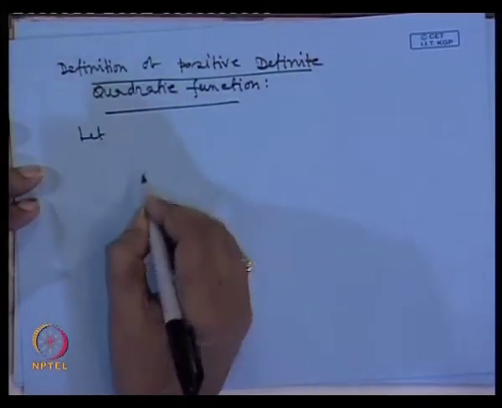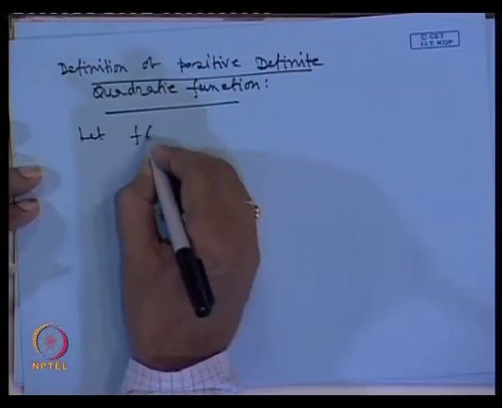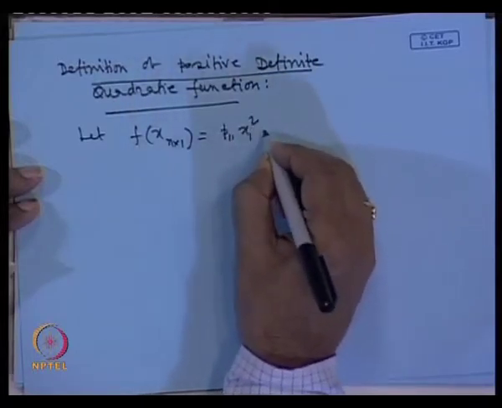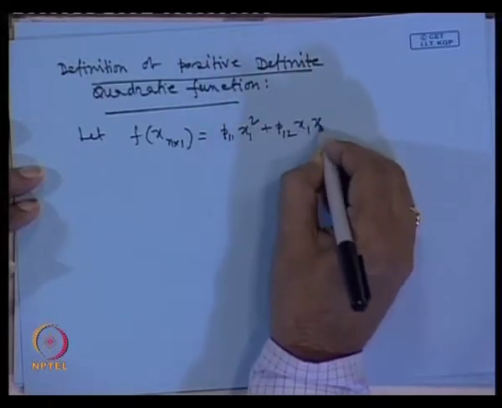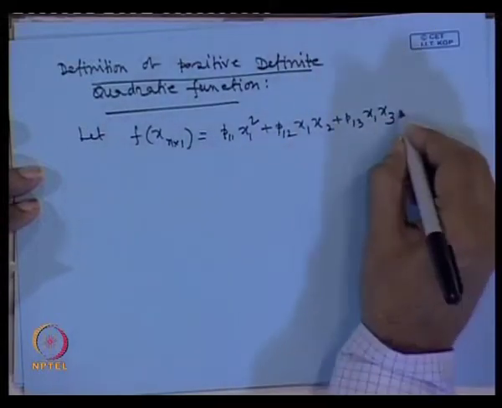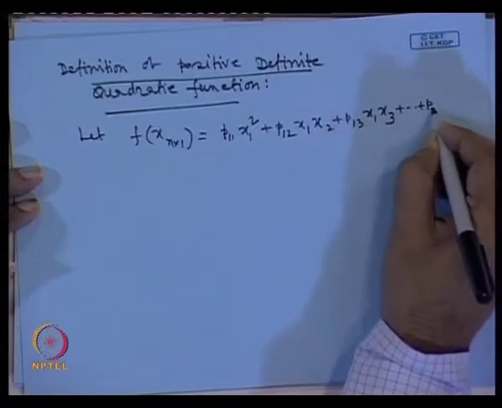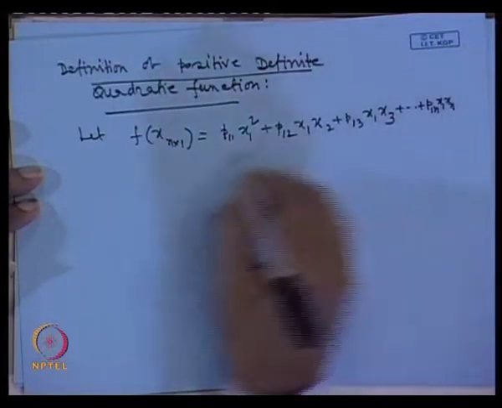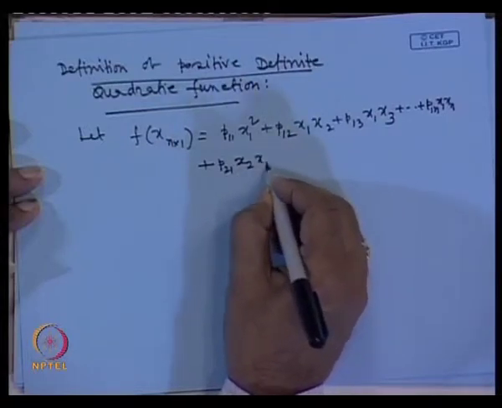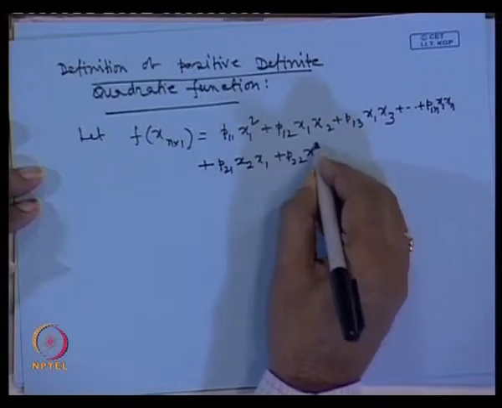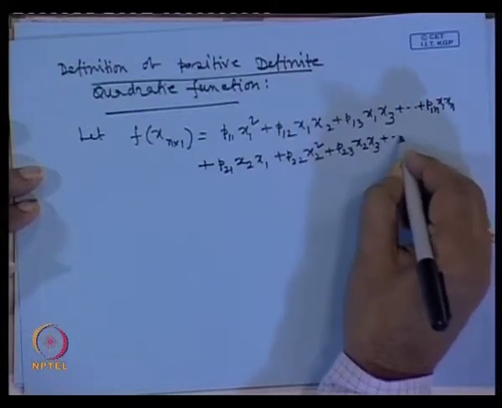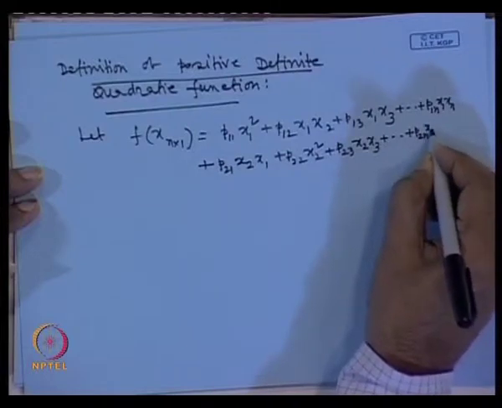So, let us call we have an nth order quadratic function, f of x, a function of n variables, which in general we write as p 1 1 x 1 square, p 1 2 x 1 x 2, then p 1 3 x 1 x 3, and so on, as we have n variables, p 1 n x 1 x n, plus p 2 1 x 2 x 1, p 2 2 x 2 square, p 2 3 x 2 x 3 plus and so on, p 2 n x 2 x n.